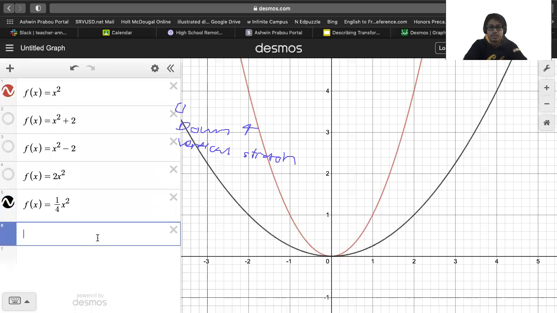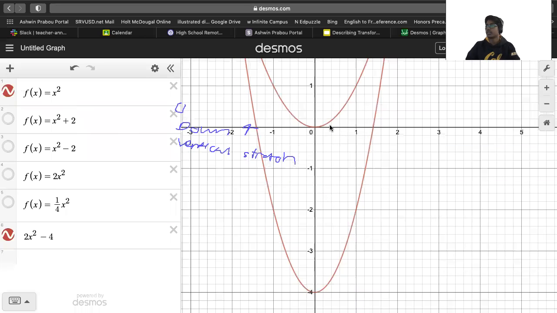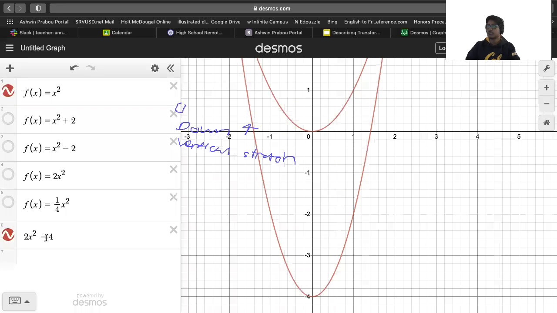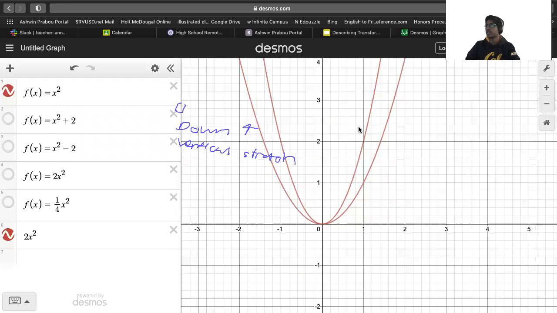So we had 2x squared minus 4. And as you can see here, you've got the graph of x squared, and you're moving it down 4 while having a vertical stretch. So if you didn't move it down 4, you can see that it has showed that vertical stretch.